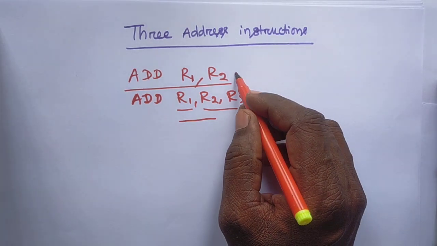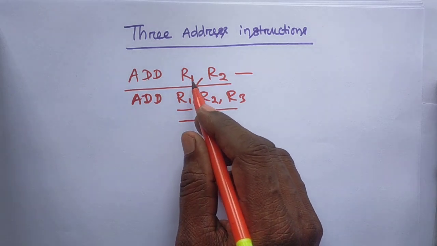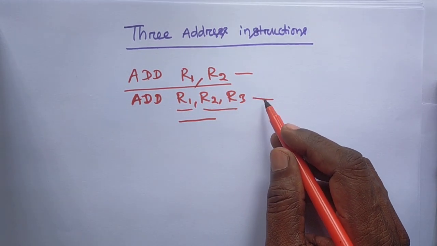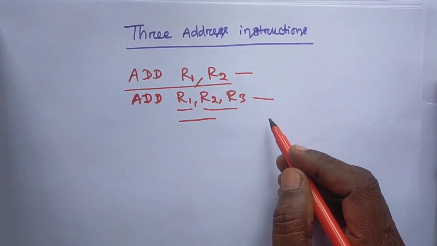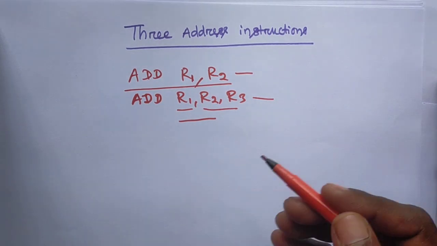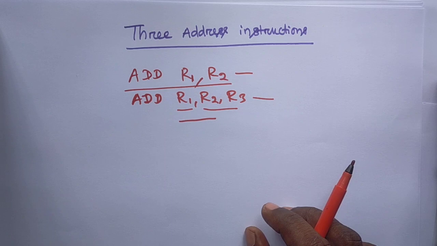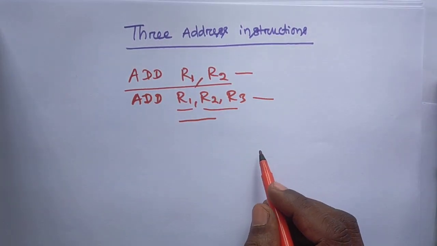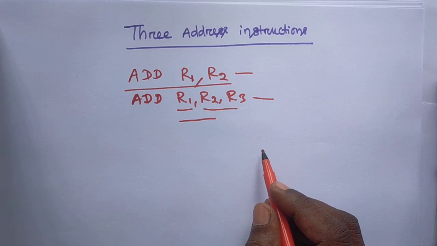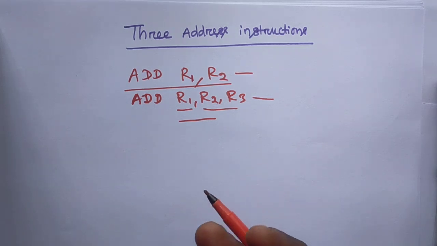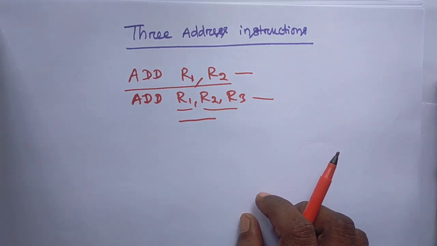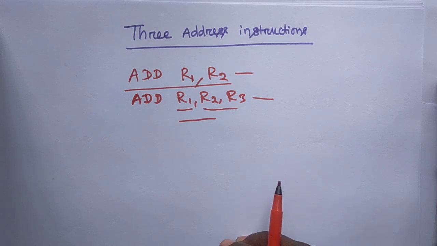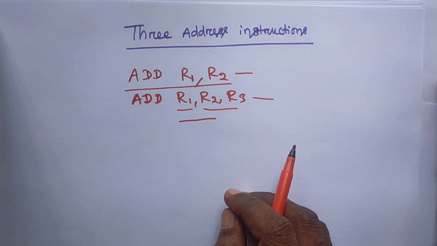If it has two operands, we can tell it is a two address instruction. If it goes like this one, then we can tell it is a three address instruction. In this way we can define different address instructions. Since our topic today is three address instructions, we will go through that, but first we have to discuss how many types of address instructions there are.